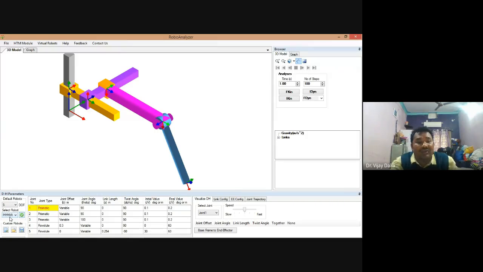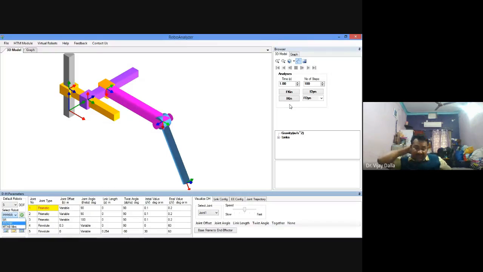Now we want to visualize its motion based on the inputs, and these are the inputs: joint offset, joint angle, link length. Okay, now we want to know the motion. But before clicking this, there are forward kinematics and inverse kinematics.